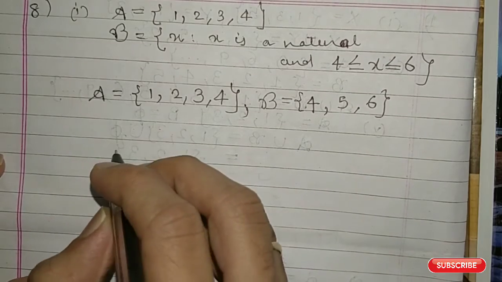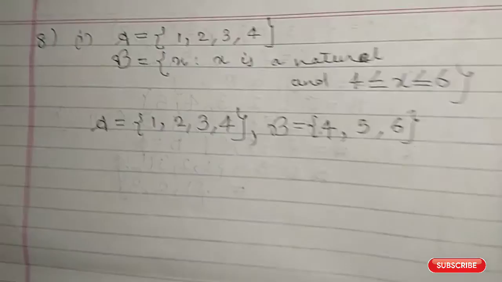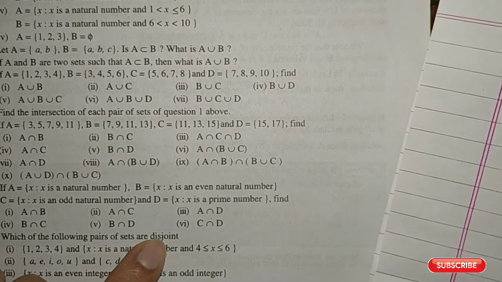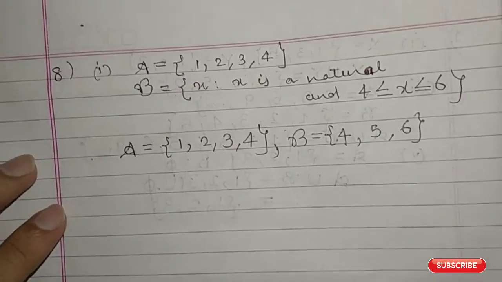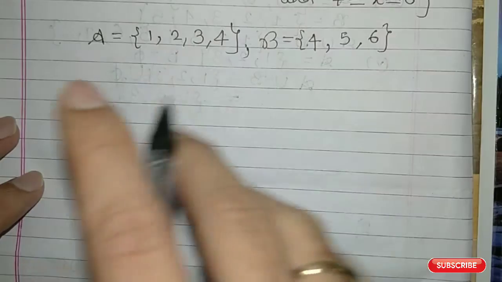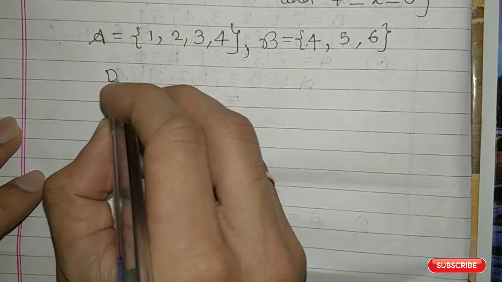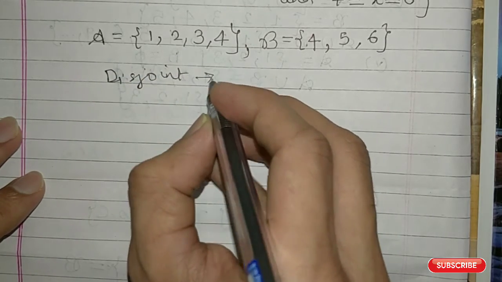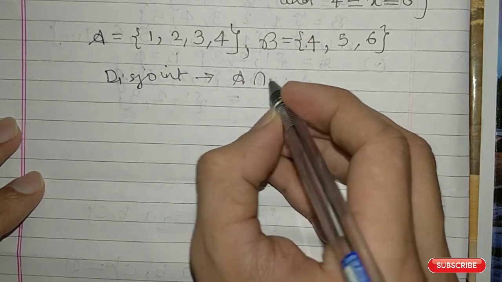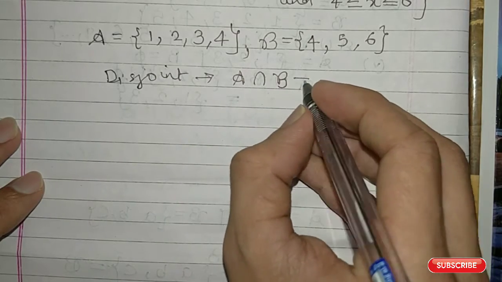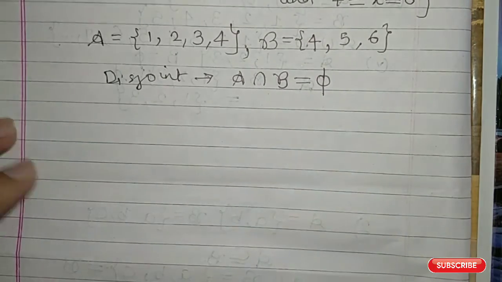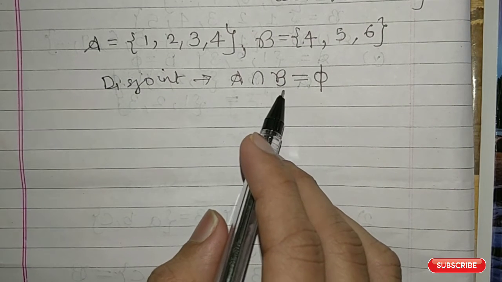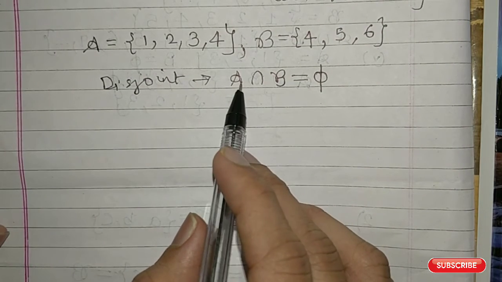Now you have to tell in the 8th problem which of the following pairs of sets are disjoint. Now what do you mean by disjoint? Disjoint means A intersection B is empty. Disjoint means the two sets don't have any common element between them.